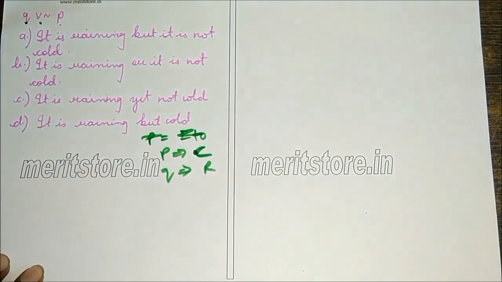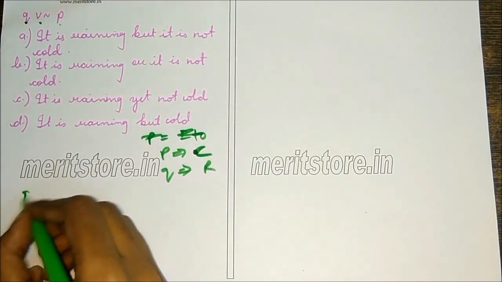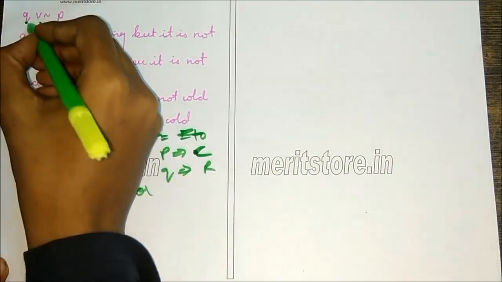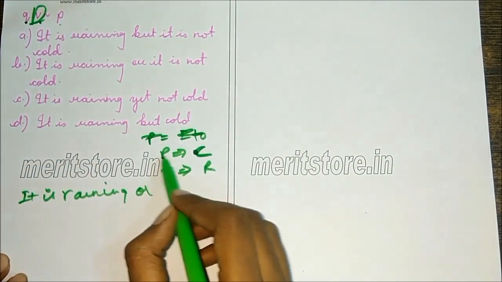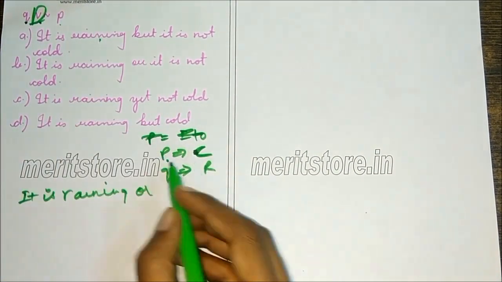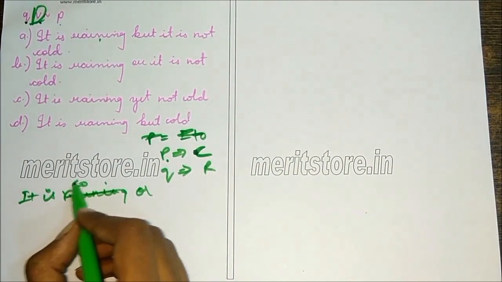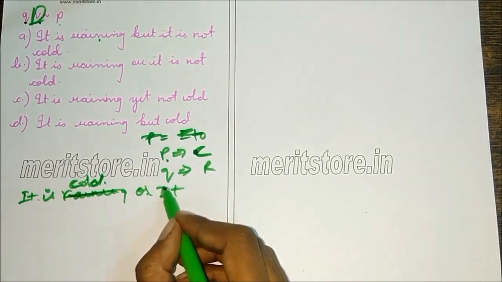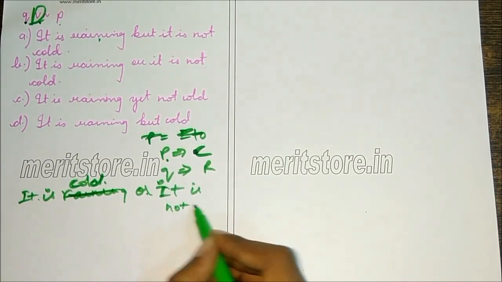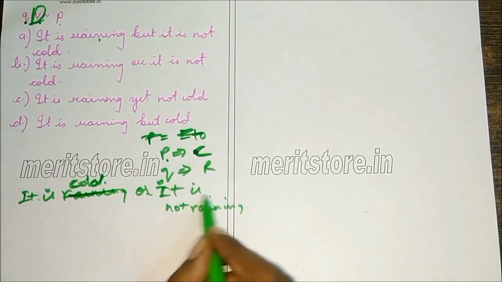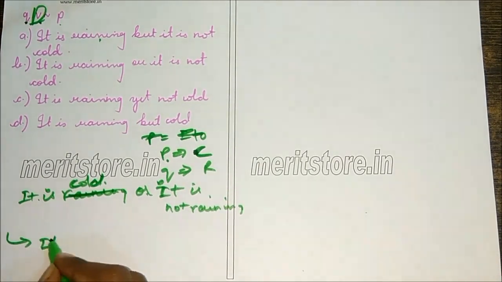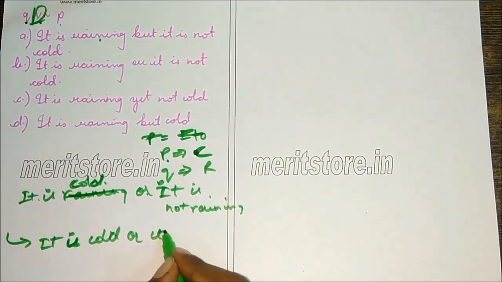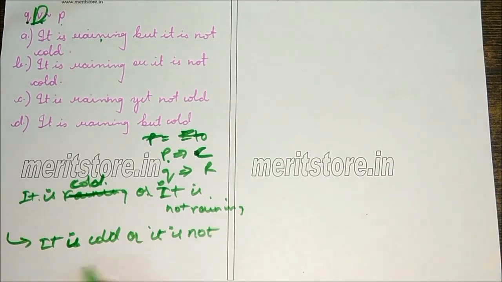So the statement is Q or negation P. So Q is it is raining, or negation of P. Negation of P is it is not cold. So rewriting this statement, the answer is it is cold or it is not raining.